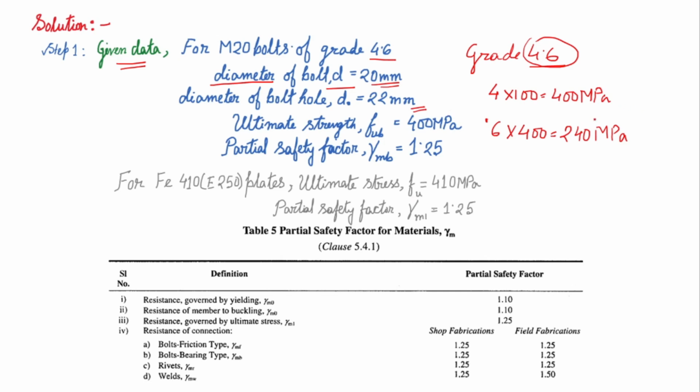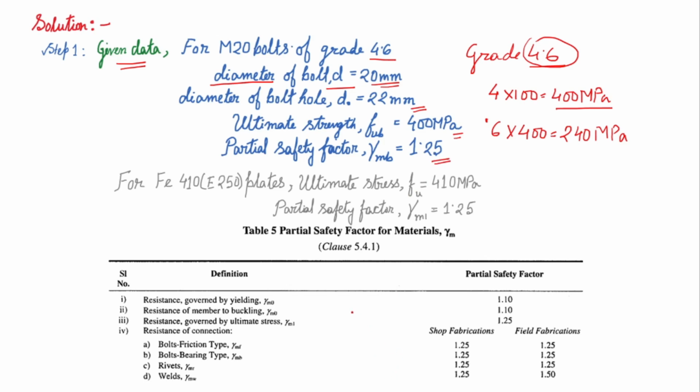Then as I already calculated, the ultimate strength of the bolt, that is FUB, is 400 MPa, and then partial safety factor for the bolt gamma MB is taken as 1.25. So where will I find this value?